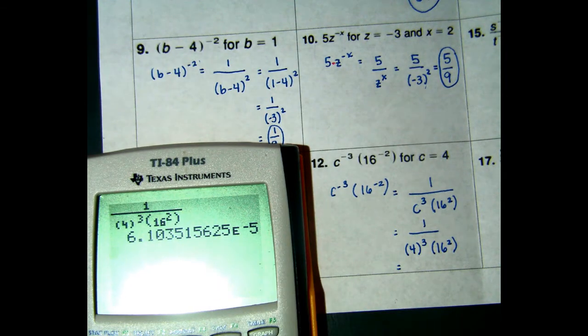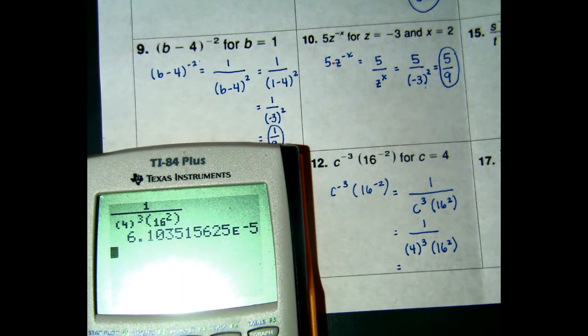You've got 6.103515625 to the -5. Here's why you have that. This is telling you that this decimal is, that's scientific notation, by the way. This decimal is so small that they're not going to write it in a fraction of any type.